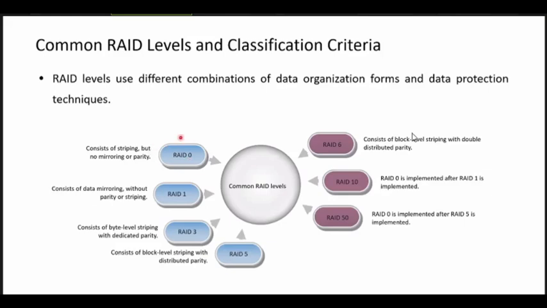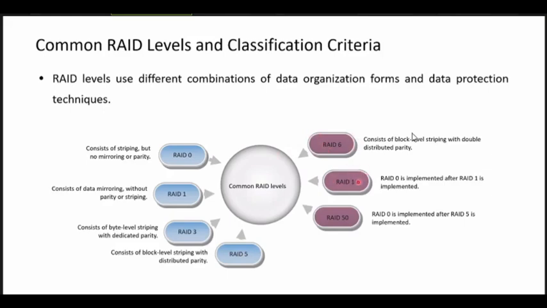This is basically what we call just striping, but no mirroring or no parity. Then we have RAID 1. Basically, we call this the mirror RAID. Then we have RAID 3. Basically, we call this the dedicated parity RAID. Then we have RAID 5, distributed parity. RAID 6, double parity.